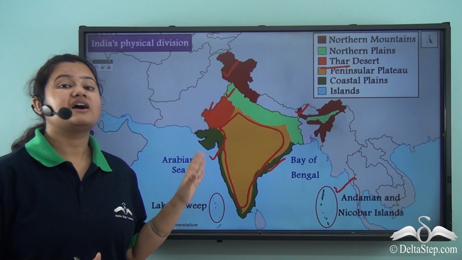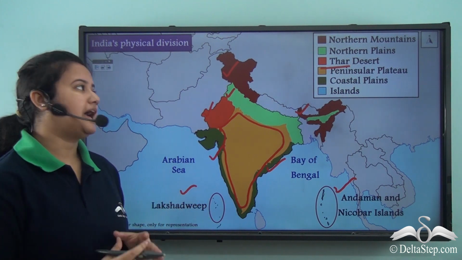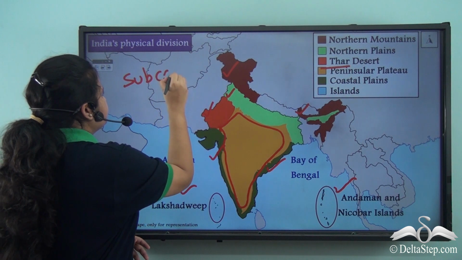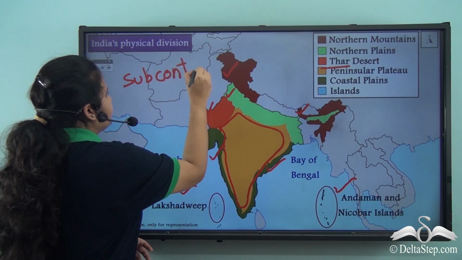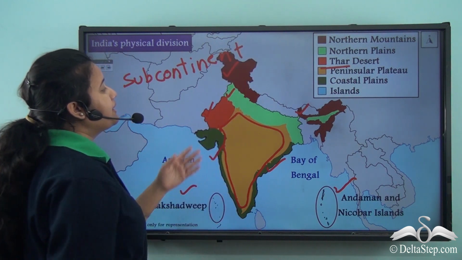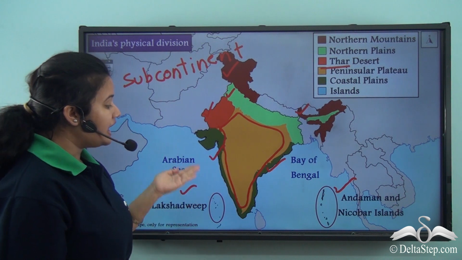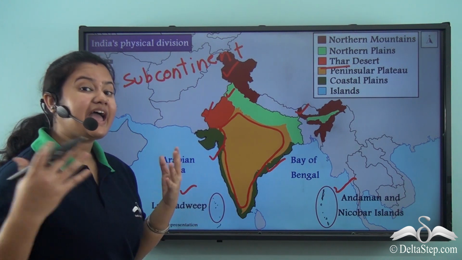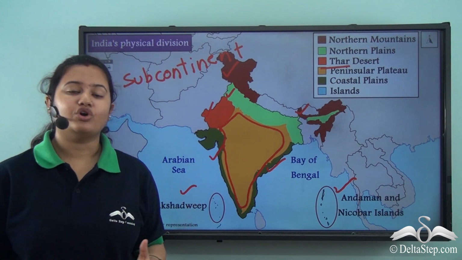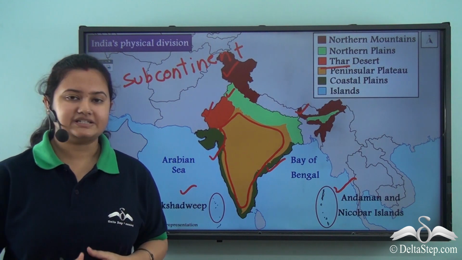Now, given this vast diversity, India is truly termed a subcontinent, because here one can find mountains, plains, desert, plateau, islands, beaches, everything. So this brings us to the end of today's discussion on the physical divisions of India.